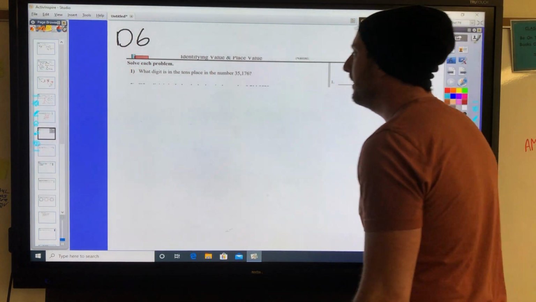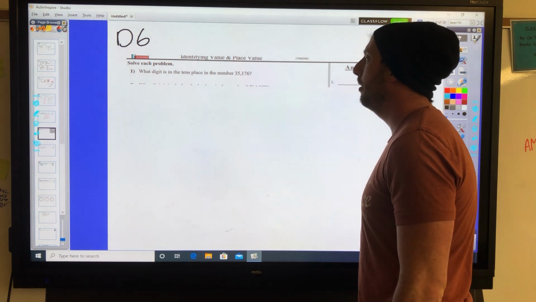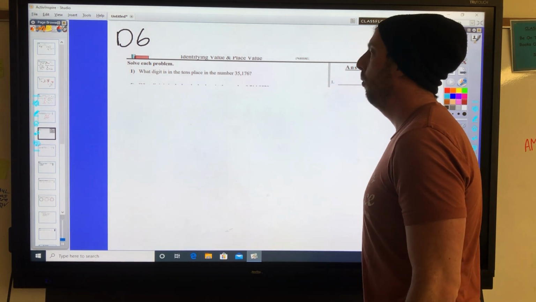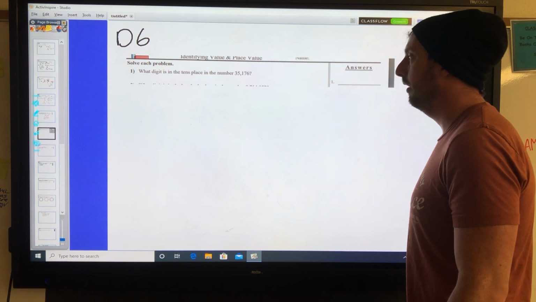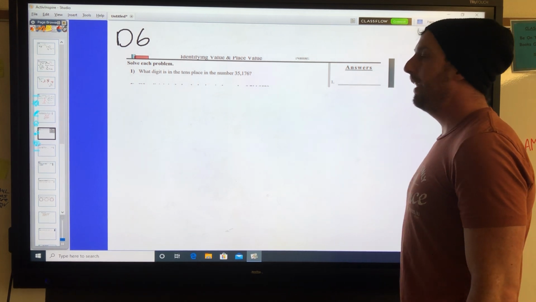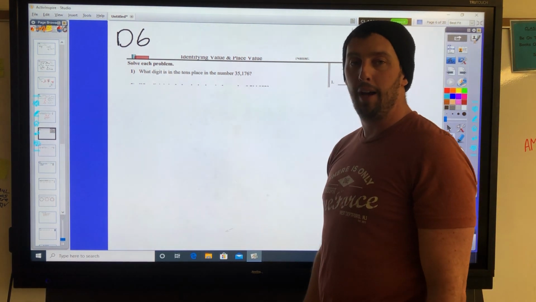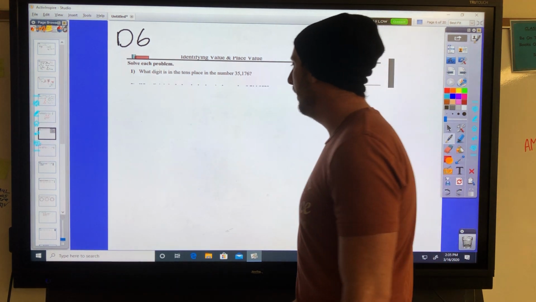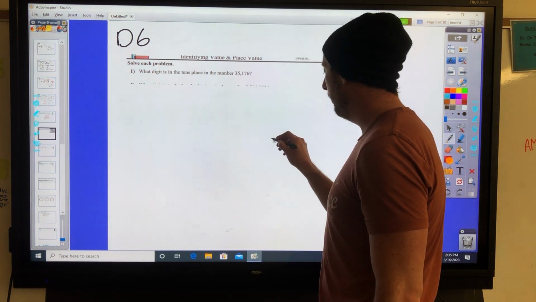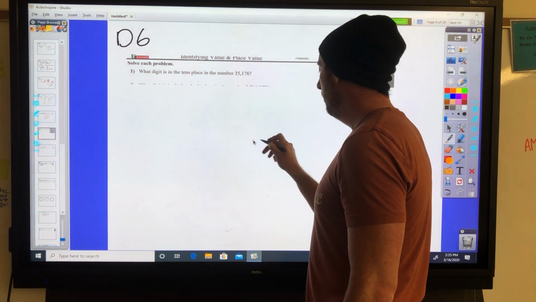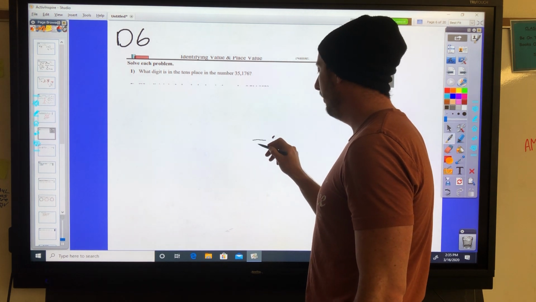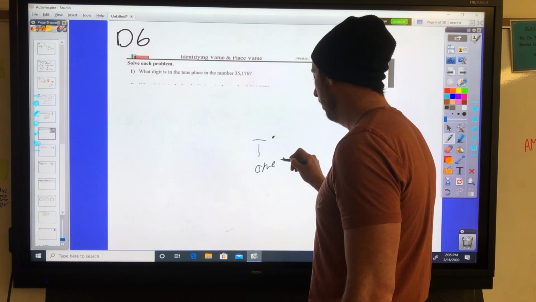What digit is in the tens place in the number 35,176? Now remember, we have to figure out what the spaces for place value are. So here's my decimal point right there. To the left, our first space is our ones column.